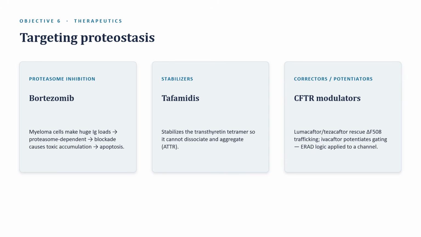The CFTR modulators, correctors like lumacaftor and tezacaftor, plus the potentiator ivacaftor, recover the delta F508 CFTR protein that ERAD would otherwise destroy. Notice that this is the same ER quality control logic from earlier, now applied to a channel.